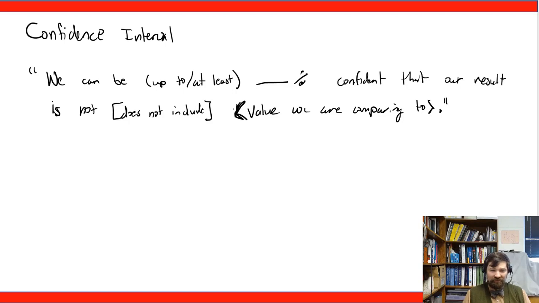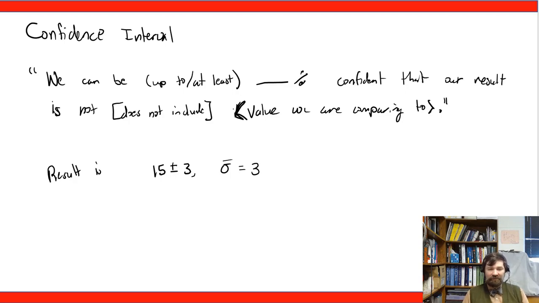So for example, let's say that our value here, our result, is 15 plus or minus 3. Okay, and basically we're claiming that 3 is standing in for our uncertainty, 1 standard deviation's worth.